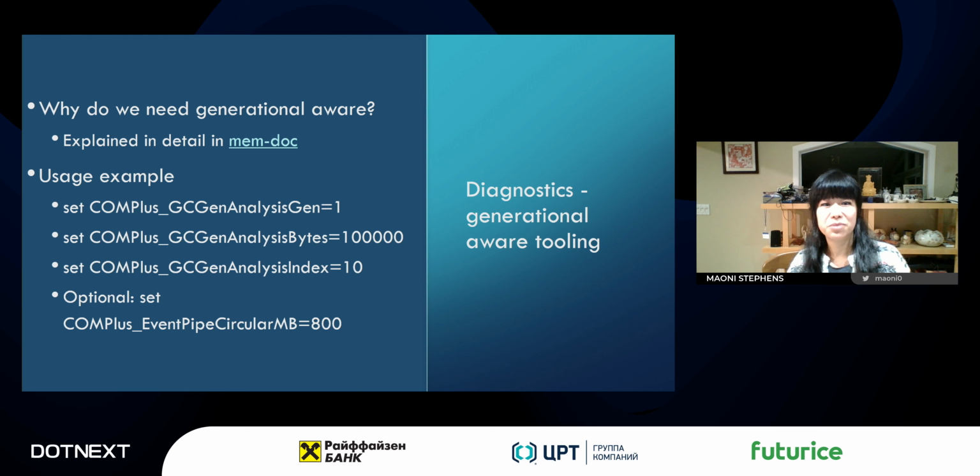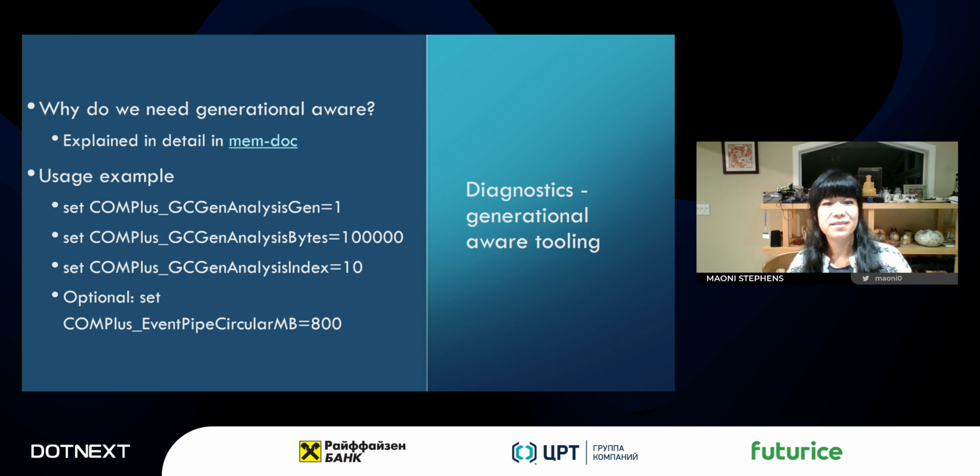This is the same GC dump that we use for the ETW data, or events data, because ETW doesn't work on Linux, and this does work on Linux. Then you can use PerfView on Windows to analyze this dump.